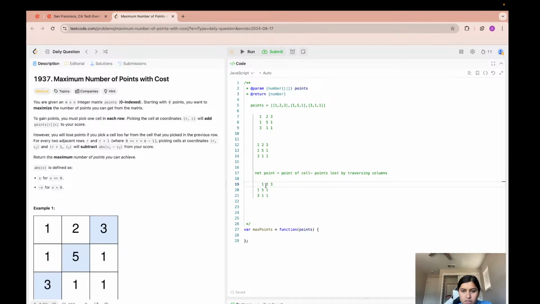Suppose the biggest is 5 here, and here the biggest is 8, and here the biggest is 9.